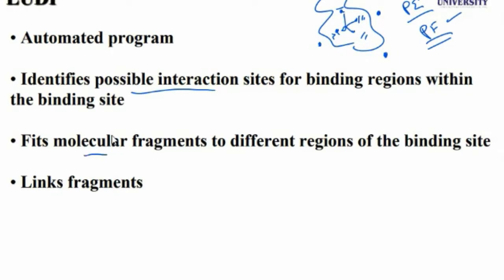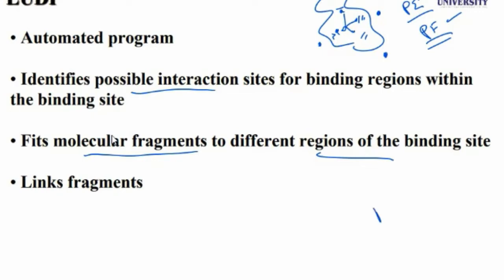It fits molecular fragments in different regions within the binding site. As I said in the previous lecture, the molecular weight of these fragments is very low compared to drug-like molecules, which have molecular weights of around 500 to 600 Dalton. The fragments are much lower, maybe 100, 150, or 200 Dalton.